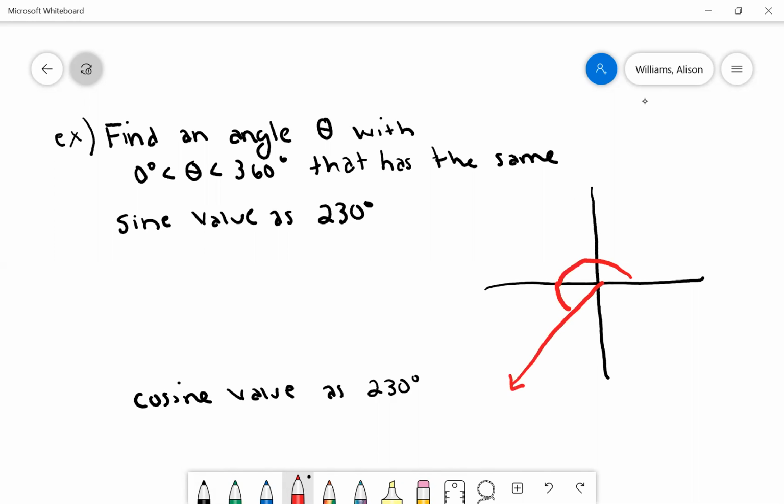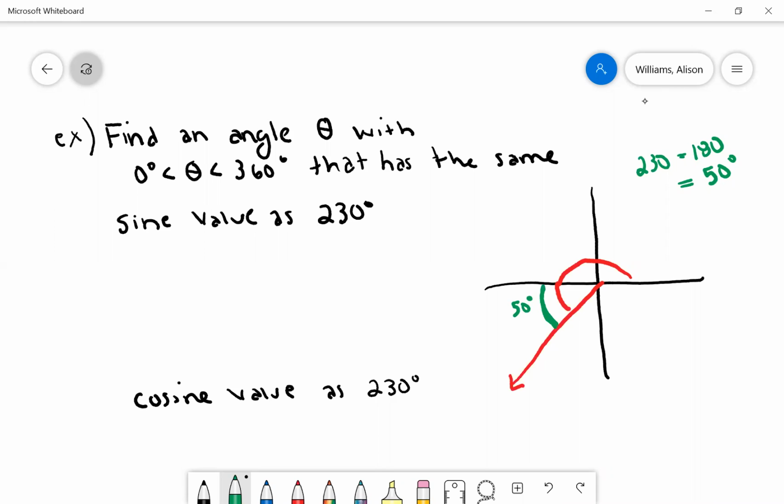So I need to find the reference angle from this side to the x-axis. What I'll do is take 230 and subtract 180, and that's going to leave me with 50 degrees. So that's my reference angle here in this quadrant, 50 degrees.